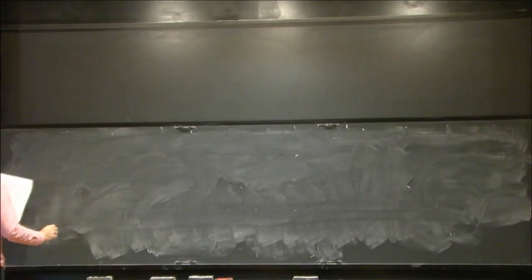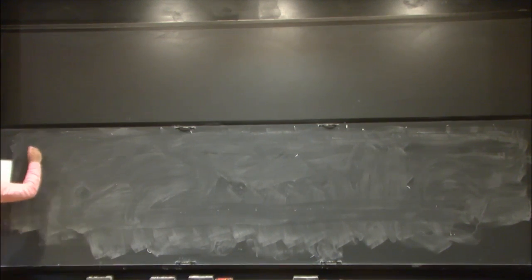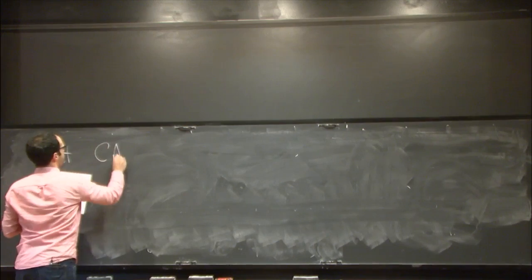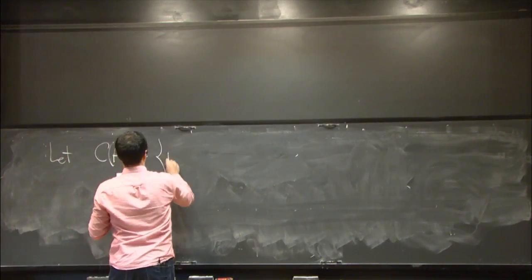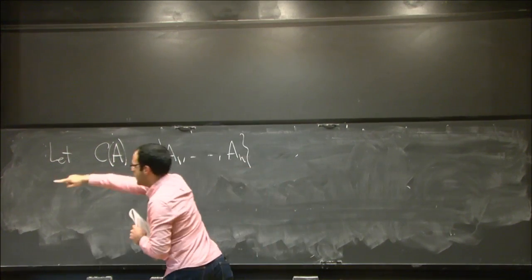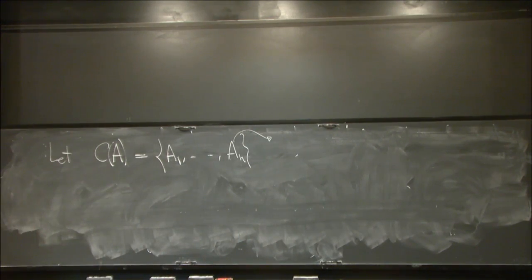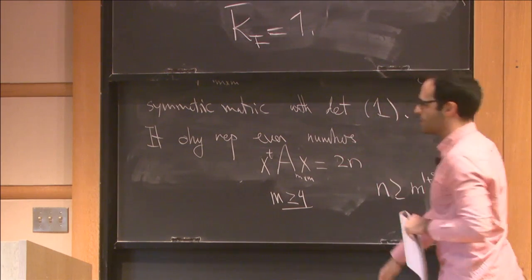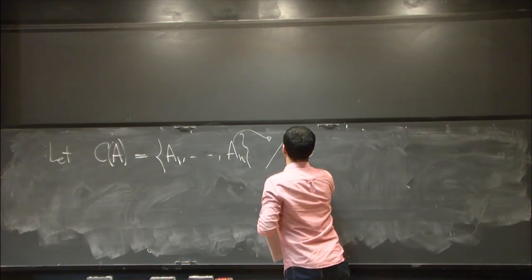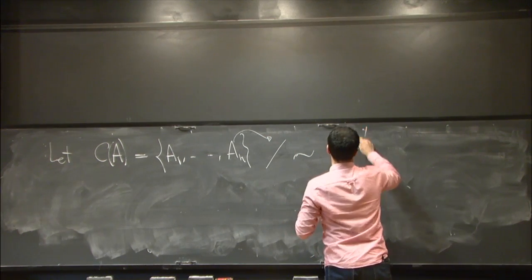So let's first give a probability measure on the space of such matrices. If we look at the finite set, let C of A be the set of matrices which is the genus of A. It's basically the set of all matrices with this property, determinant 1 and representing even numbers, and it forms a finite set if I define them up to an equivalence class, with A equivalent to x transpose A x.